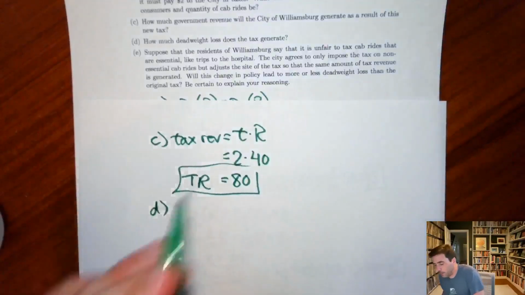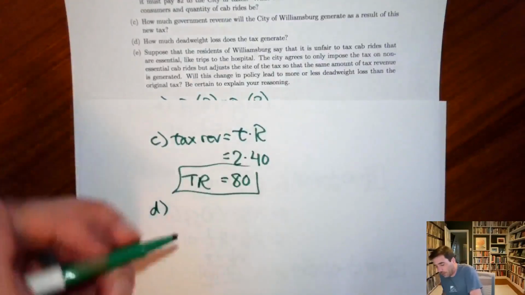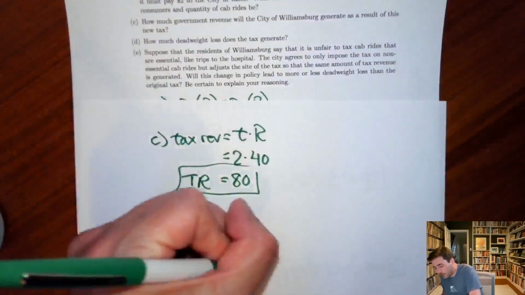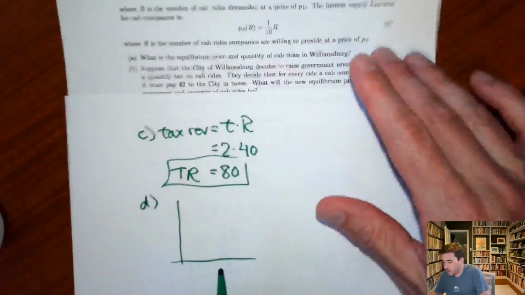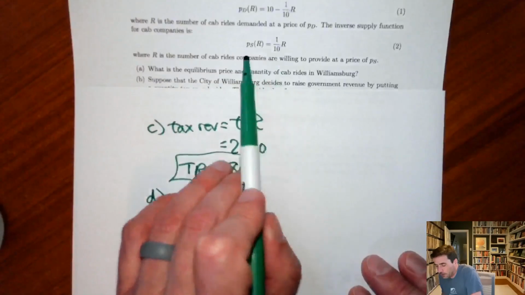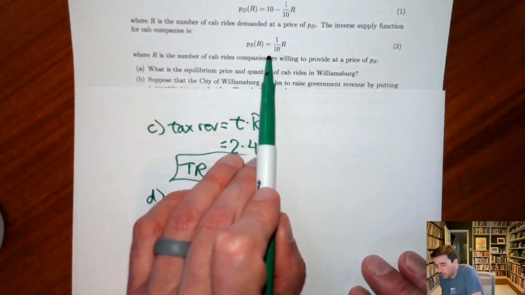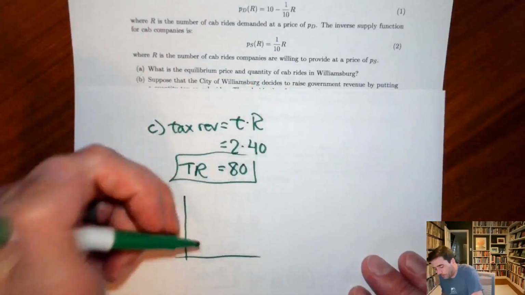Time to move on to part D. How much deadweight loss does the tax generate? All right, here, before I answer, I want to do a quick sketch for myself to think about what this deadweight loss should look like. So if I go back to my supply and demand functions, my supply function is price as a function of Q is equal to 1 over 10 times Q. So when Q is 0, price is 0.